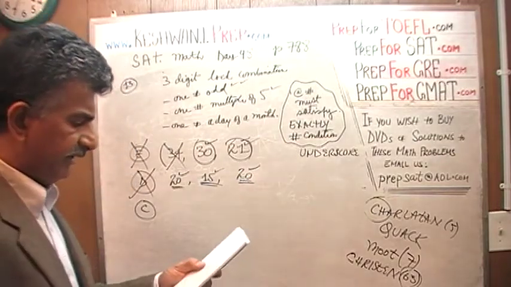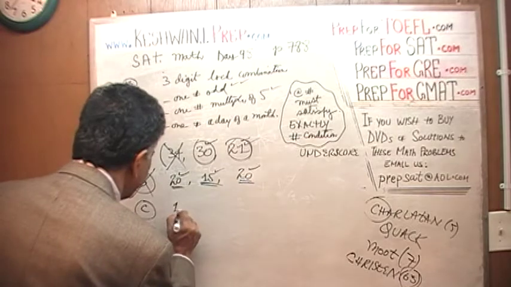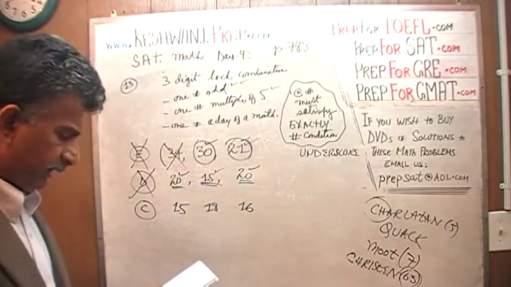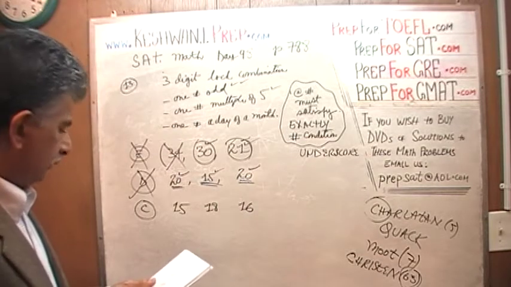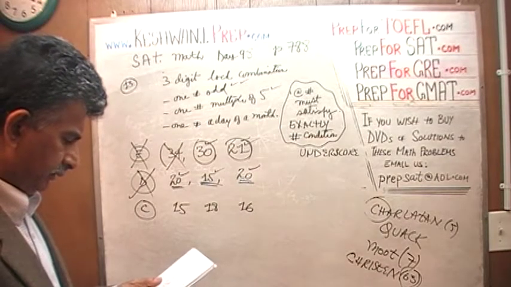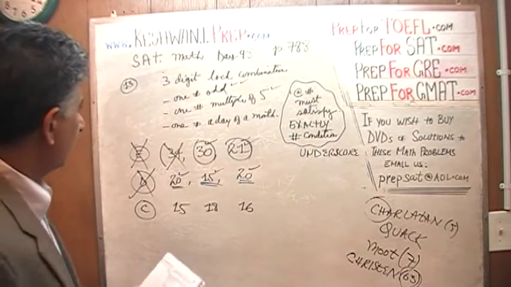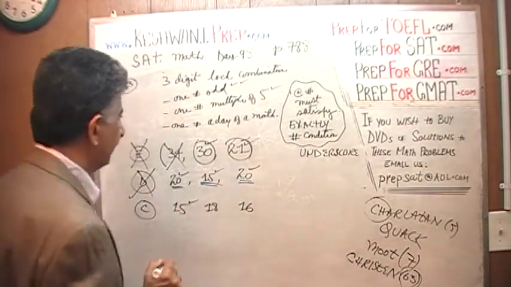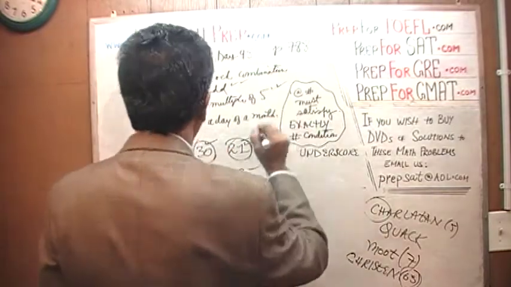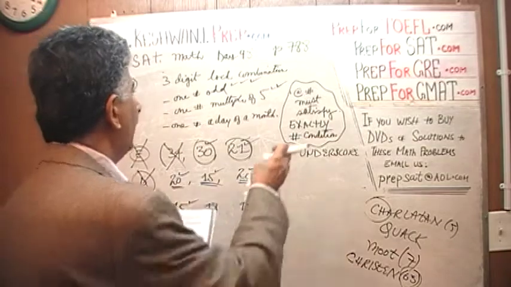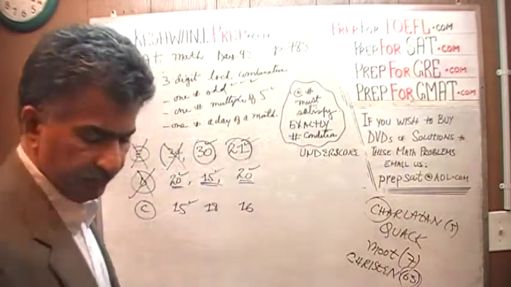C says 15, 18 and 16. Let's take a look. Let's see if this one does the job. 15 can serve as an odd number, so far so good. Then we need a multiple of 5. There is a problem, there is a rub.